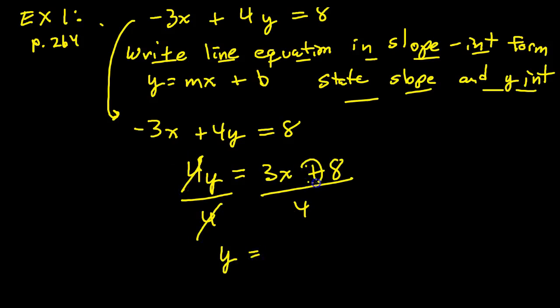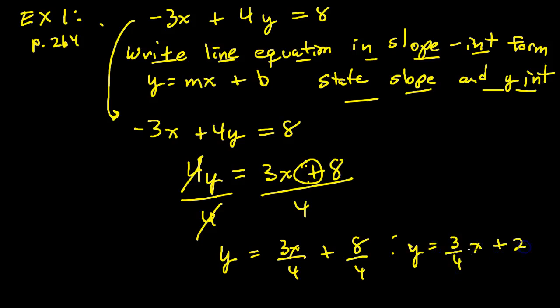I can break up this sum over the common denominator, and I'll do that here. 3x over 4 plus 8 over 4. And of course, I can simplify this expression. I ran out of room here, so let me go to the side. I'll just say y equals 3/4 x plus 2. 8 over 4 is 2, so I've simplified as much as I can on the right.